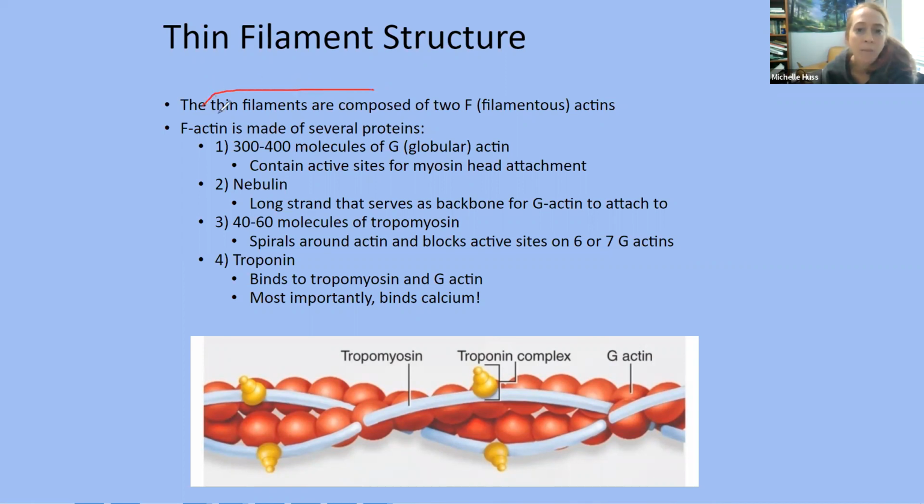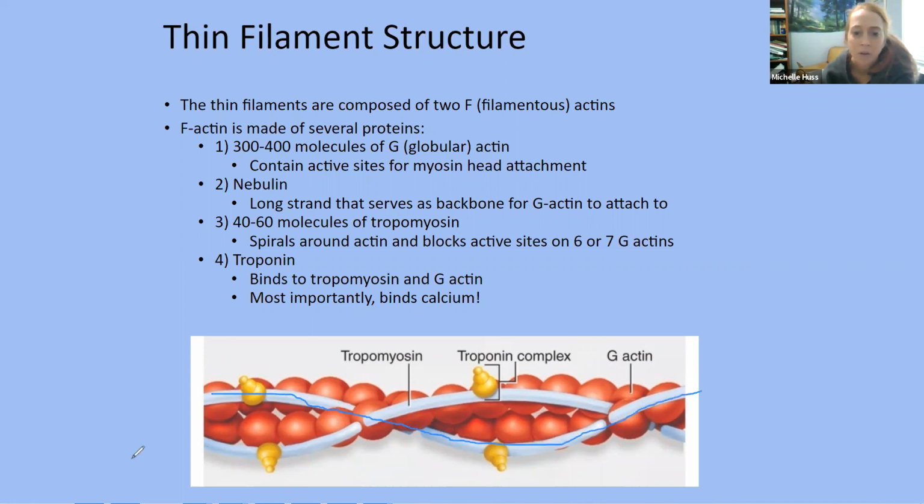A thin filament is composed of a couple of things. These balls here are actin, and they're kind of globular. There's another strand-like protein. You can see it's white. That strand-like protein, I'm going to outline in blue here, is called tropomyosin.